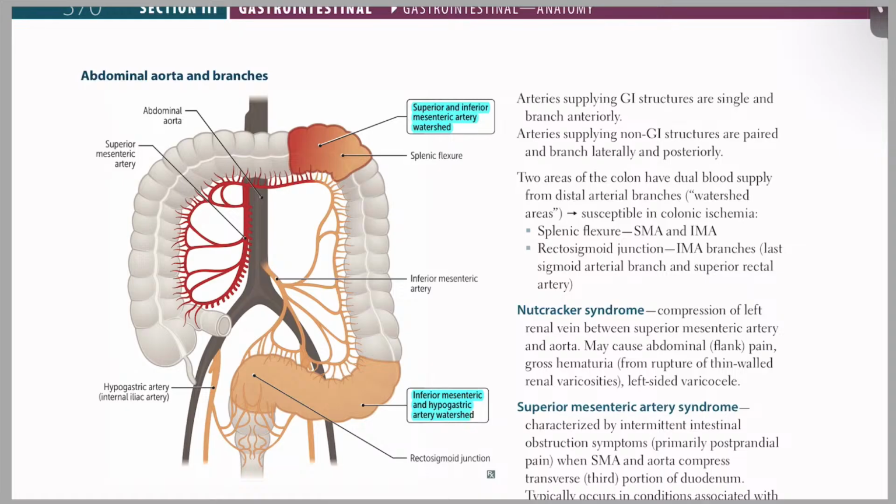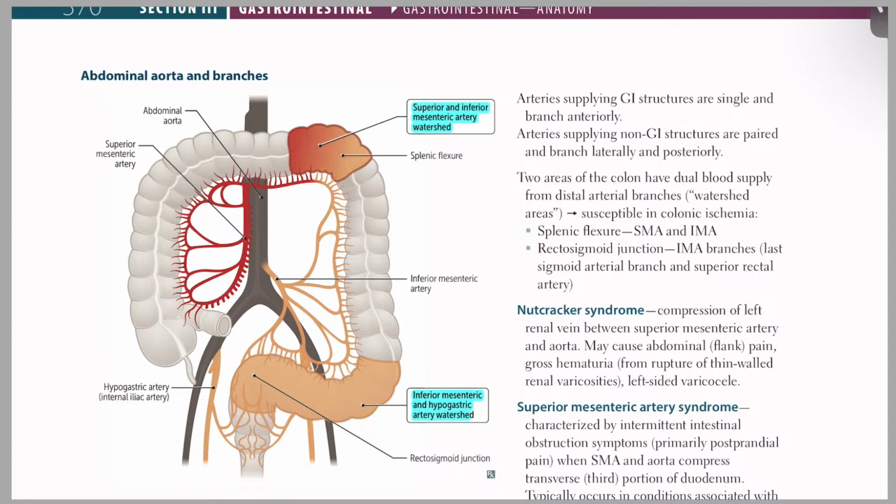Nutcracker syndrome: compression of left renal vein between superior mesenteric artery and aorta may cause abdominal flank pain, gross hematuria from rupture of thin-walled renal varices, left-sided varicocele.